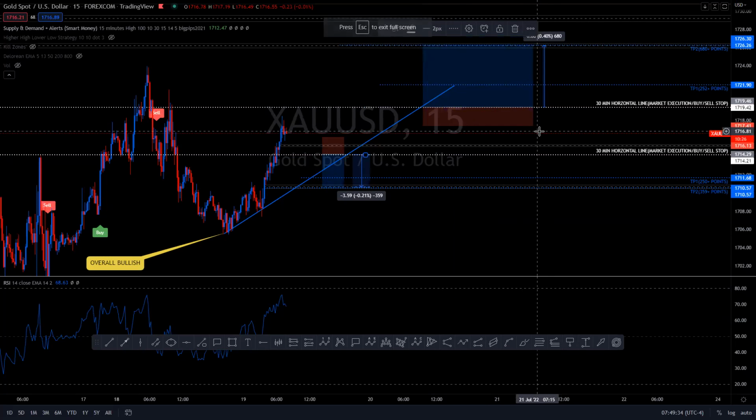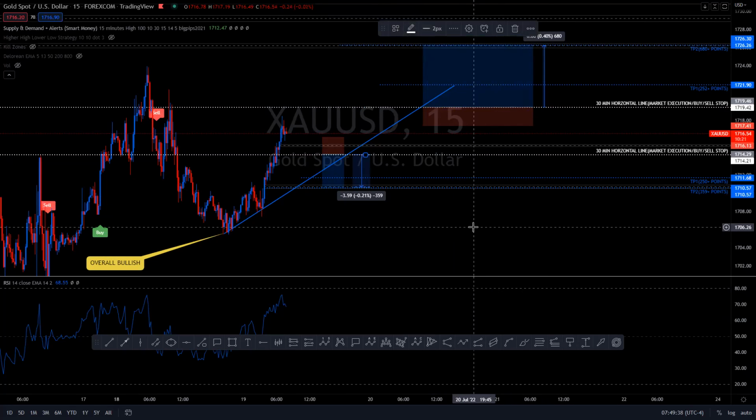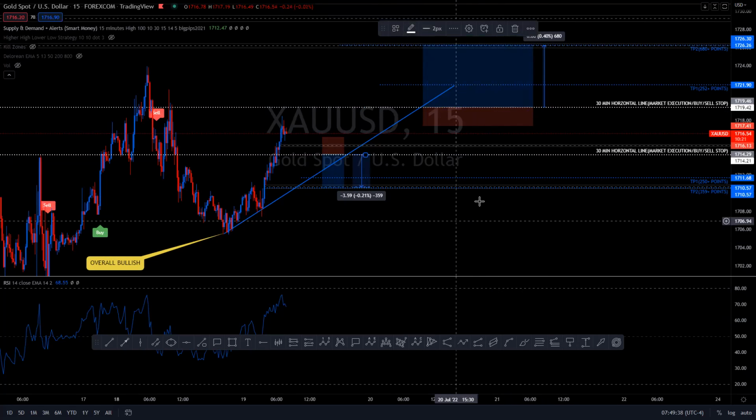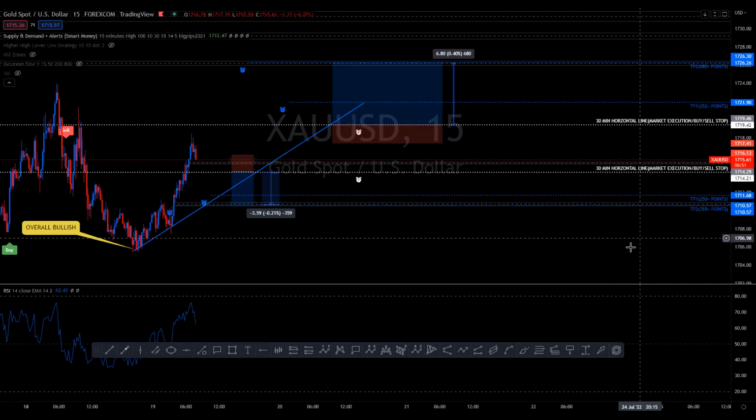And that's going to be the area. So that's what I'm going to do when it comes to that. Now, what I'm going to do is pause this recording and set my alerts, and then we'll move from there.